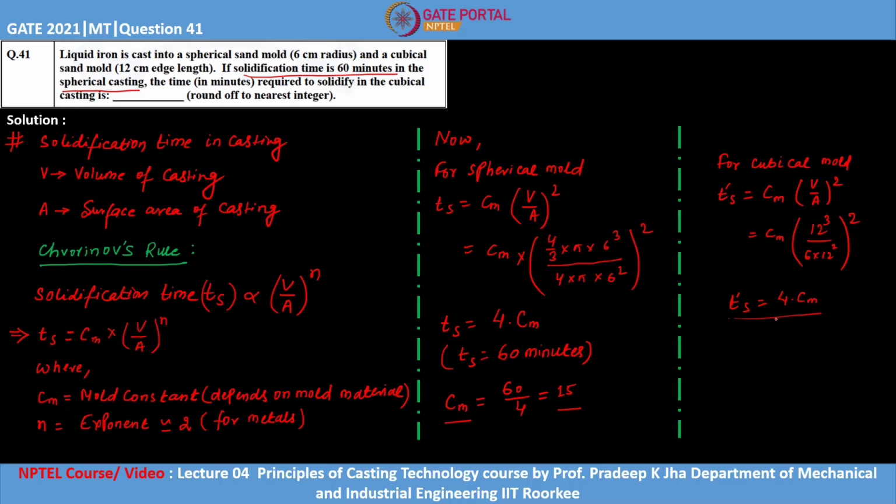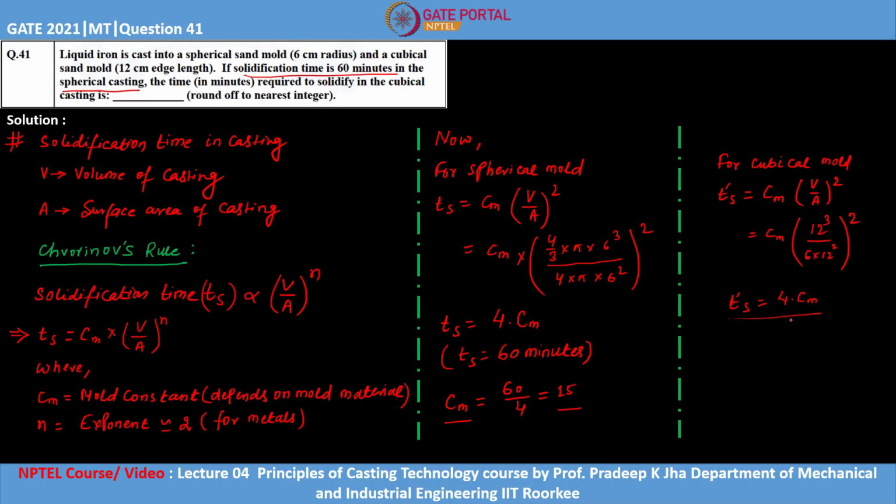As we know, all the conditions are the same in both except the geometry. Here it is a spherical mold and here it is a cubical mold. So the value of Cm which we have calculated earlier will remain the same here as well. So we know the value of Cm, but we have to calculate the value of Ts bar.